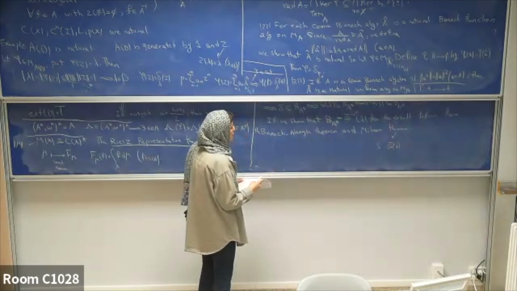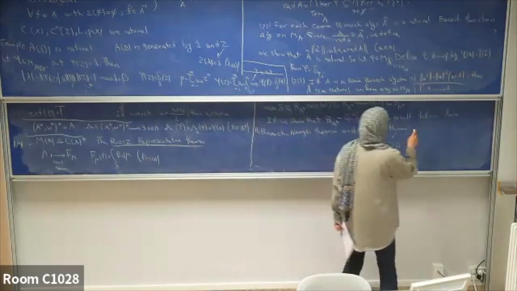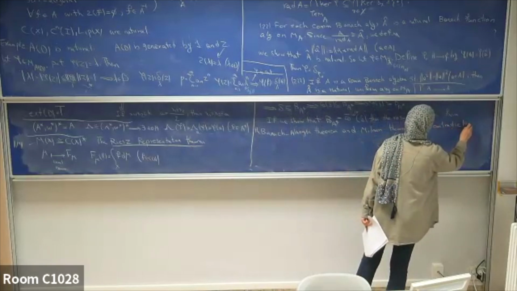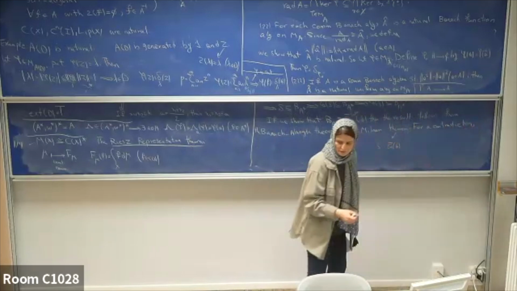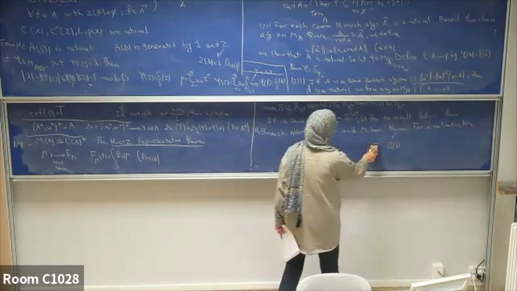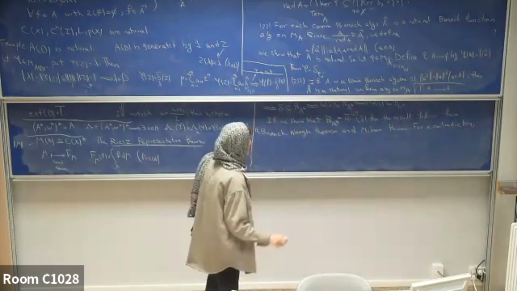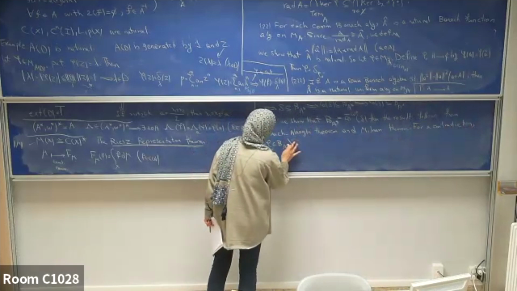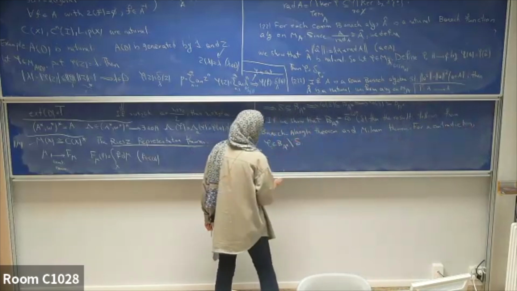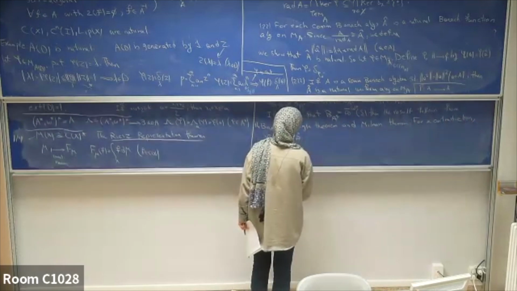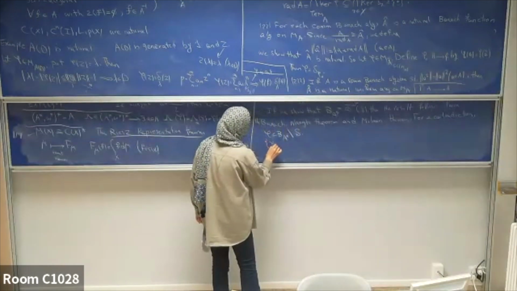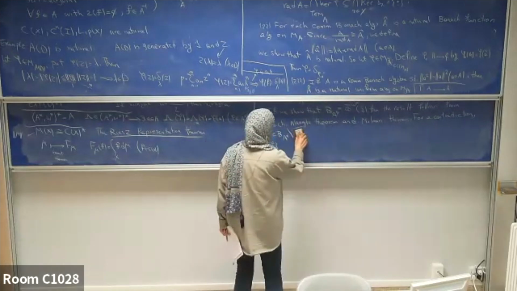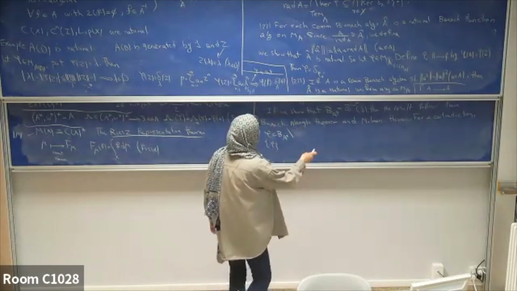We assume that it's not true. If it's not true, what happens? So for a contradiction, suppose that phi is in the ball of A star, but not in the closed convex hull of S, because I want to show this.